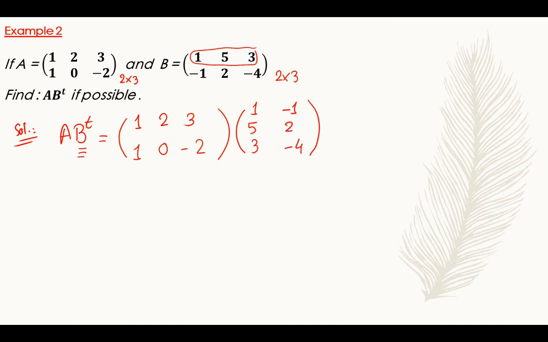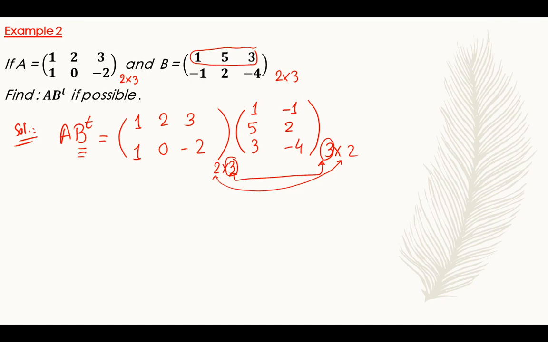Okay? Now check it. The first matrix is of order 2 times 3, and the second matrix is of order 3 times 2. Here the number of columns of the first matrix equals the number of rows of the second matrix. So we can multiply A and B transpose, and the resultant matrix will be of order 2 times 2.